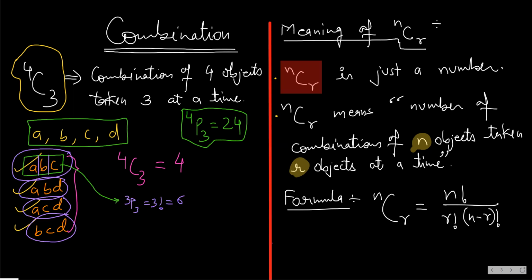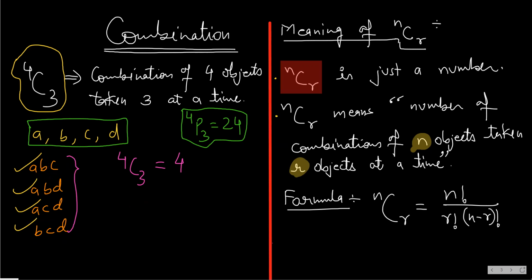So what is happening here? See, the understanding could be developed by the simple concept that in 4C3, these 3 objects that you are taking are once again arranged amongst themselves.